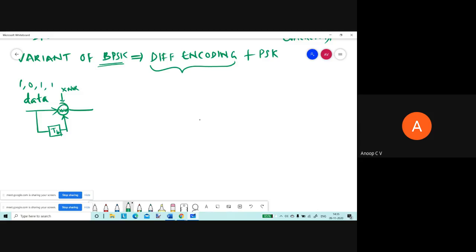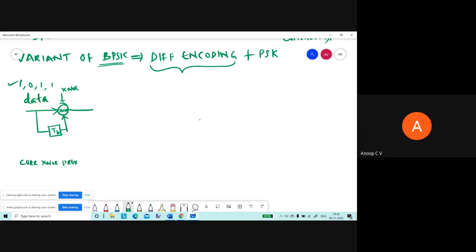So this is the differential encoding part. We have bit sequences, so initially they should be differentially encoded, and that differential encoding is nothing but the current bit XNORed with the previous bit, right? So that's what should happen initially.